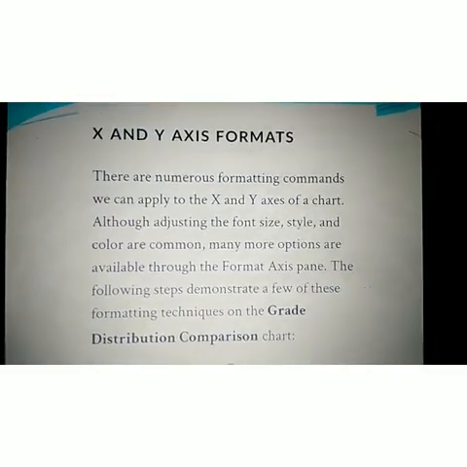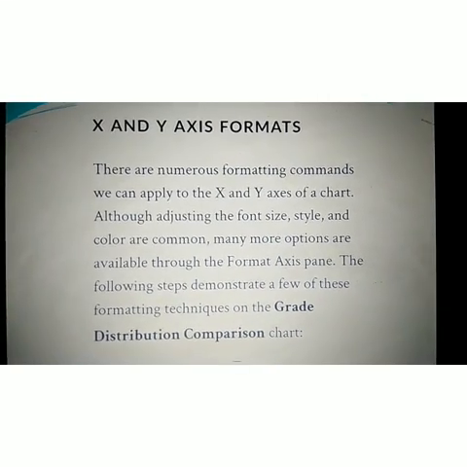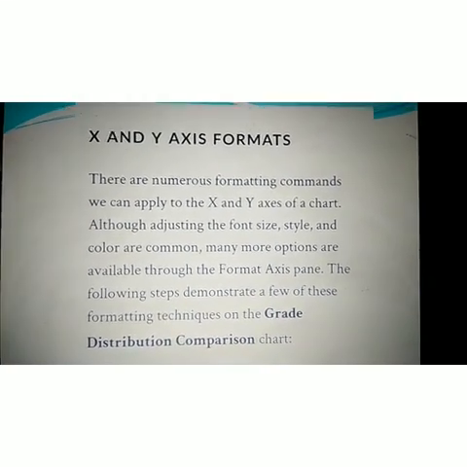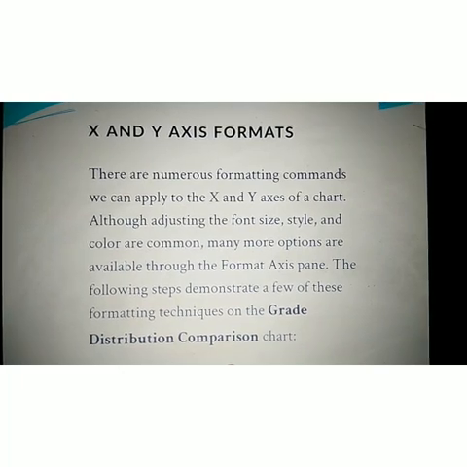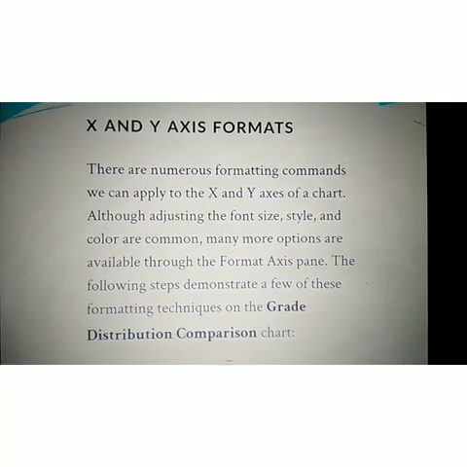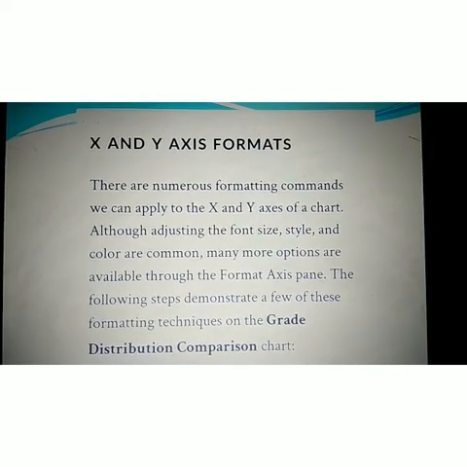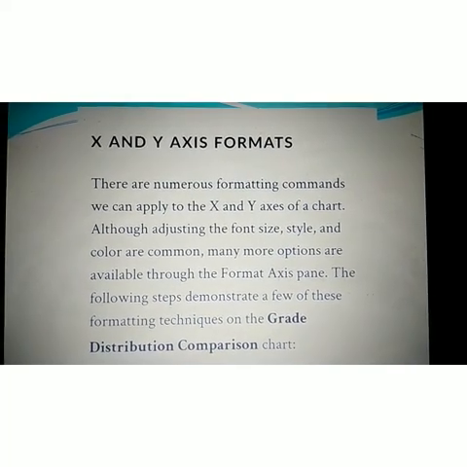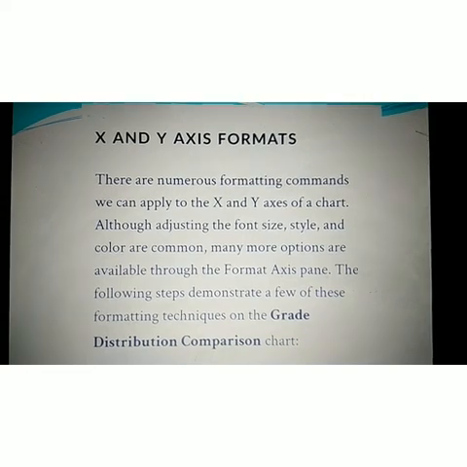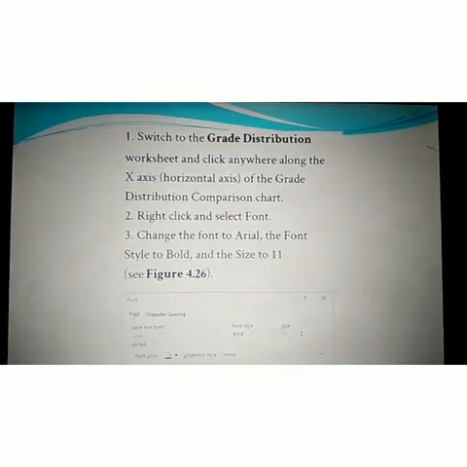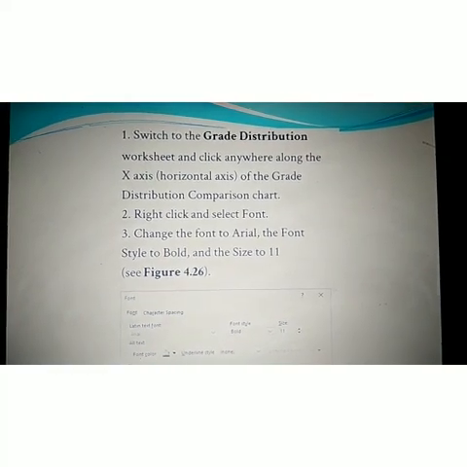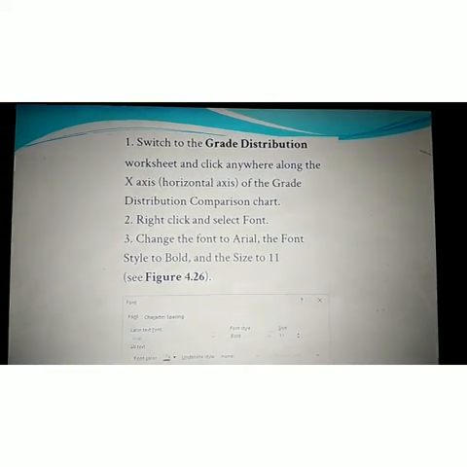Now next, X and Y axis format: formatting applied to both axes of a chart has common options. Font size, styles and colors are common. Many more options are available through the Format Axis pane. Now next, the points related to the X and Y axis.